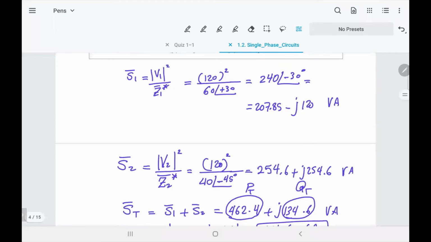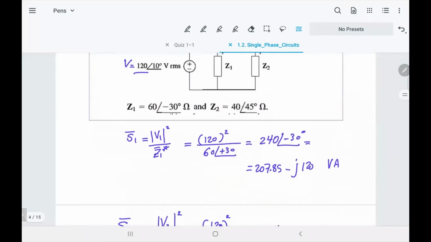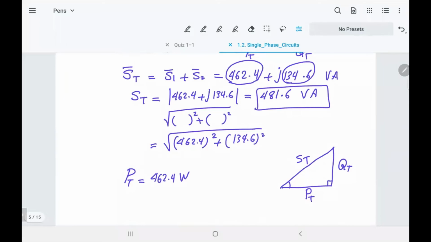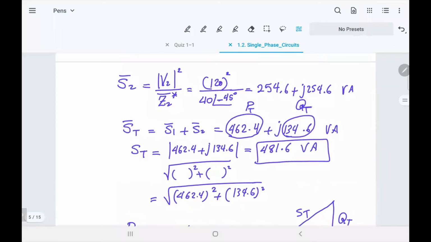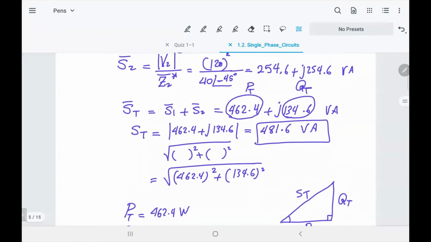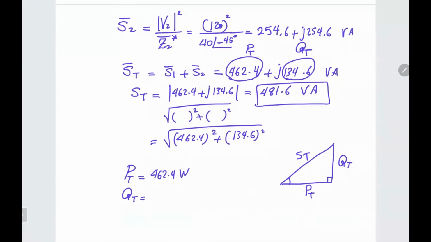I think the unit was kilowatt or what? No, it's normal watt. And the imaginary part will represent the total reactive power, QT, that's equal to 134.6 volt amp. And observe the sign of QT, is it positive or negative? Positive, right?